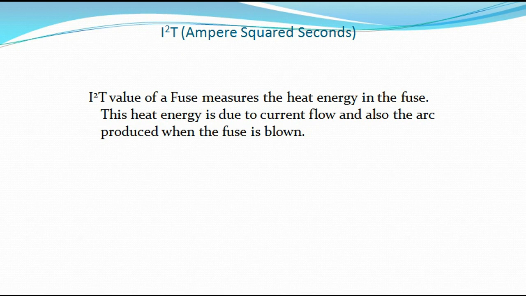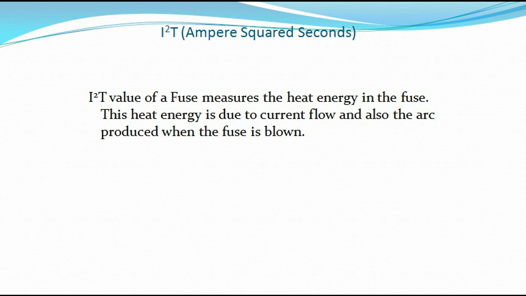Now, in this case, just as I explained for the other ones, this one stands for ampere square second, I²t. This I squared is the current in amps, while this t is the second, being the time taken.